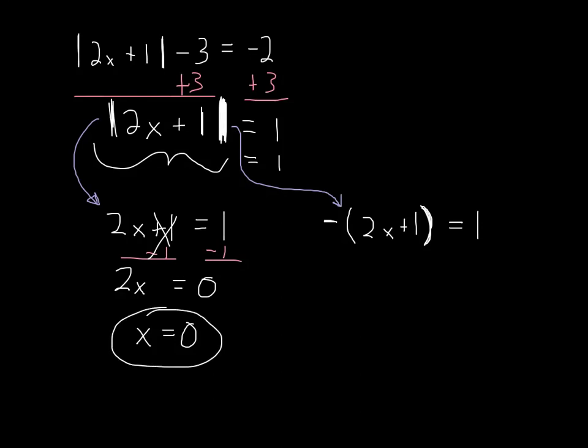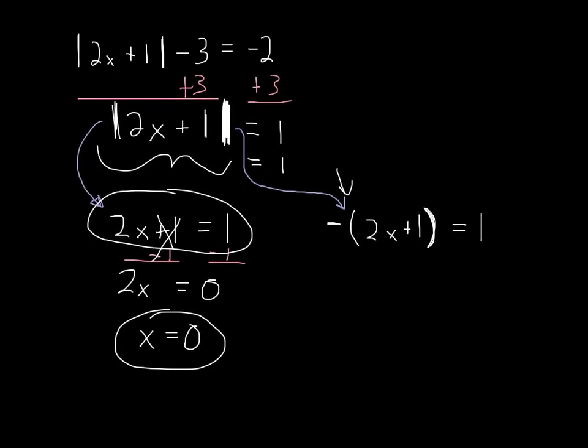But I also need to come over here and use my negative solution. That absolute value, remember, regular expression and negative of the expression. So I need to distribute this negative in.